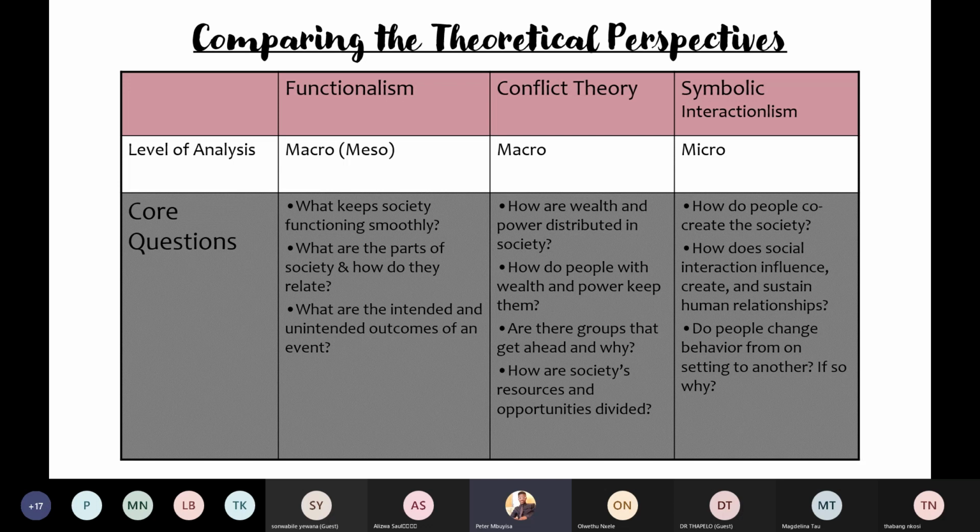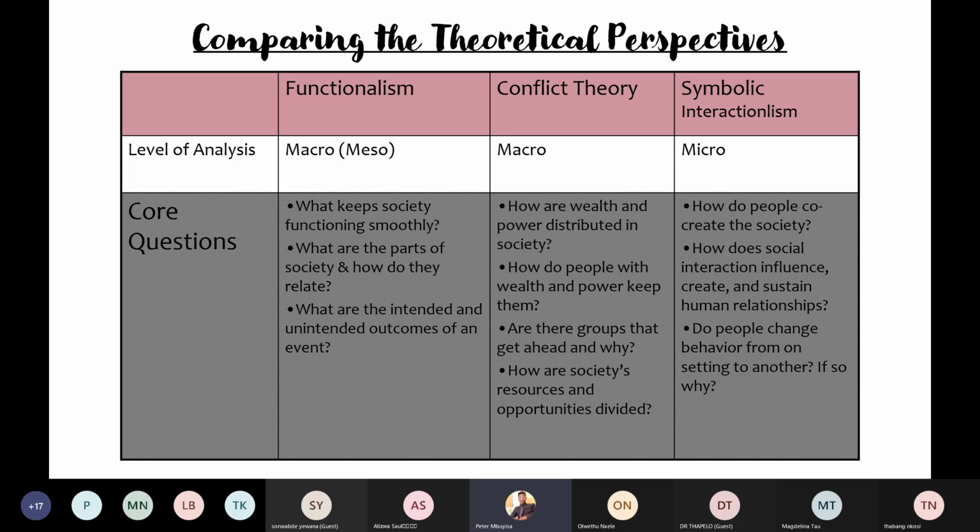In structural functionalism, we ask questions such as, what keeps society functioning smoothly? And just to give an answer to that, what keeps society functioning smoothly is it having a sense of equilibrium, it having a sense of stability.